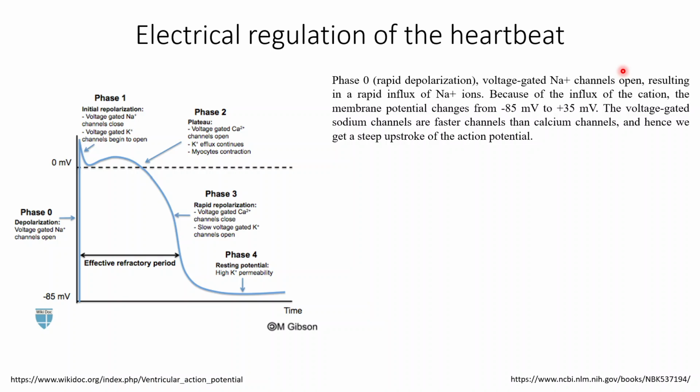And they allow this rapid influx of sodium ions. So the inside was negative, and now you have a whole horde of sodium ions entering, which are positive. And because of this influx of this cation, sodium, the membrane potential changes all the way from minus 85 millivolts to plus 35 millivolts.